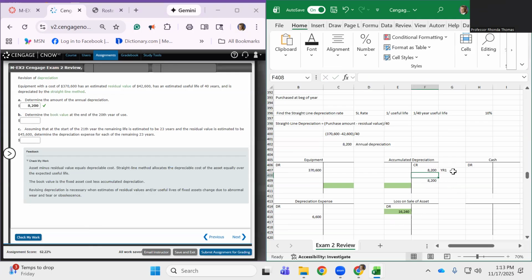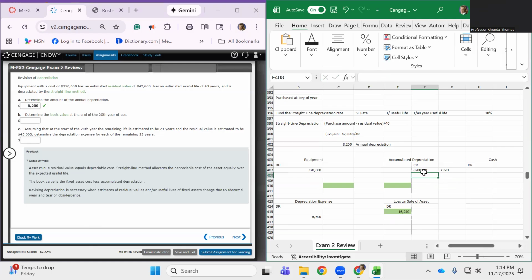But the question says determine the book value at the end of year 20. So we've had this piece of equipment for 20 years now. It's going to be 20 times that annual depreciation.